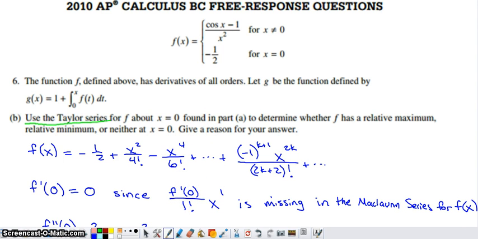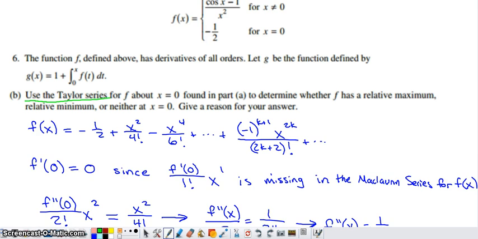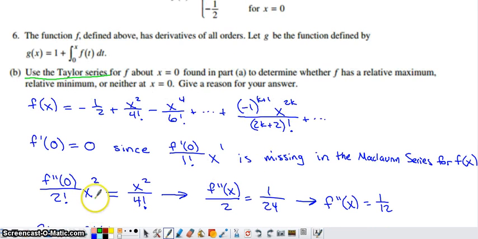If we look at this next piece here, this piece, x squared over 4 factorial, the way that the definition of a Taylor series would produce that term is you'd have the second derivative evaluated at 0 over 2 factorial times x squared within the definition of a Taylor series based at 0, producing the x squared term.